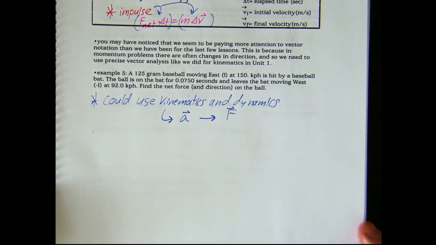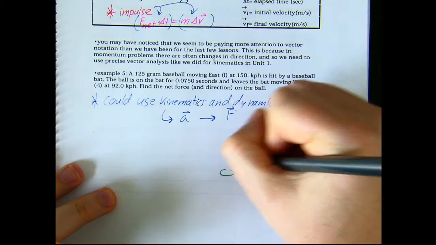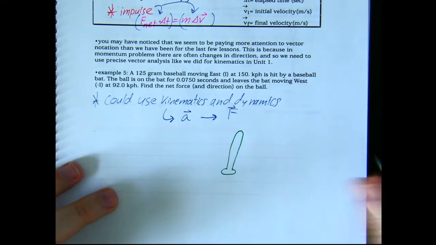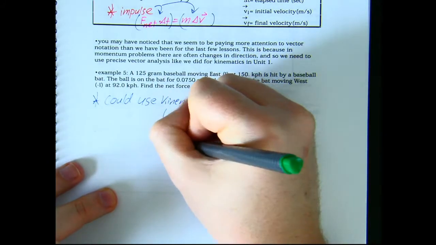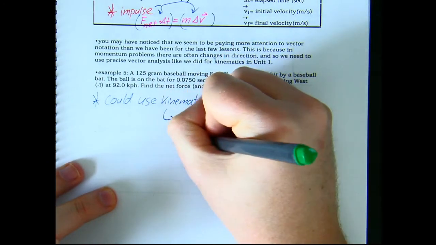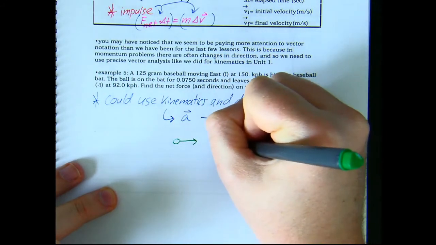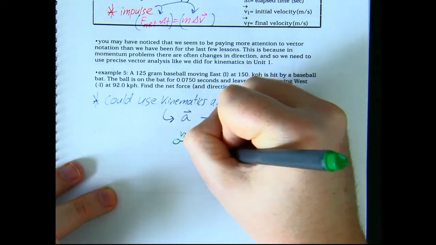So let's take a look at this. I'm going to draw my problem. I have a bat. I have a baseball. The baseball is going that way. It strikes the bat and now is going that way. There's my V initial. There's my V final.